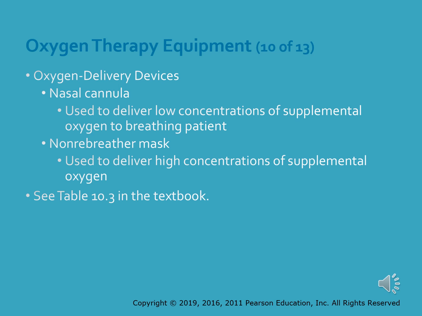The patient's exhaled air does not return to the reservoir. Instead, it is vented through a one-way flap or portholes on the mask. The minimum flow rate when using this mask is typically 10 liters per minute, but a high flow of 12 to 15 liters per minute may be required to keep that reservoir bag filled.